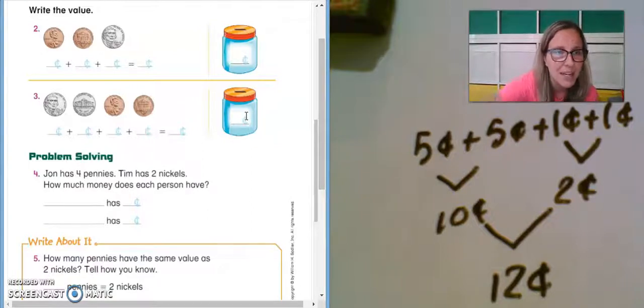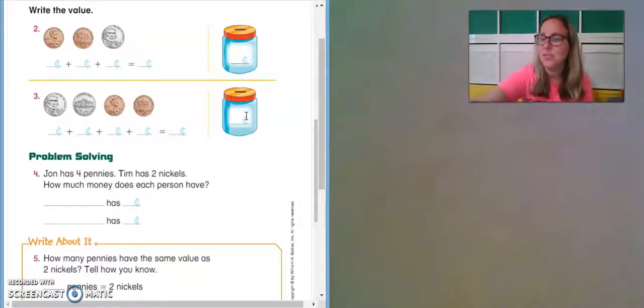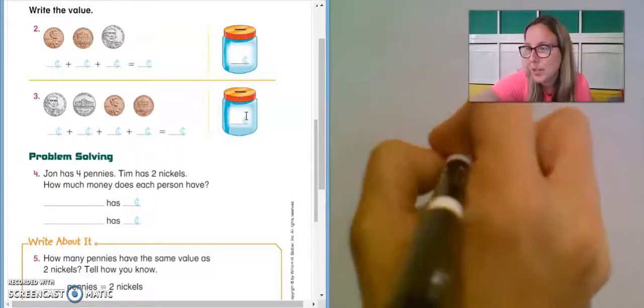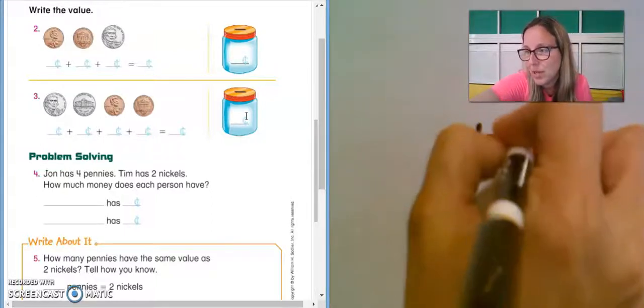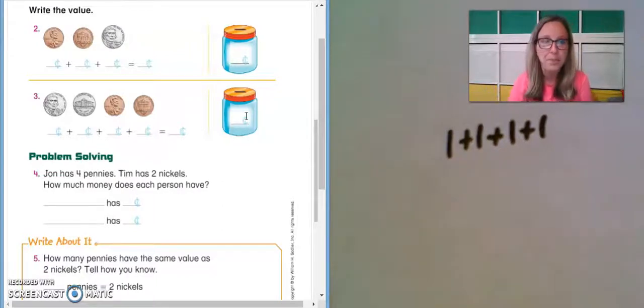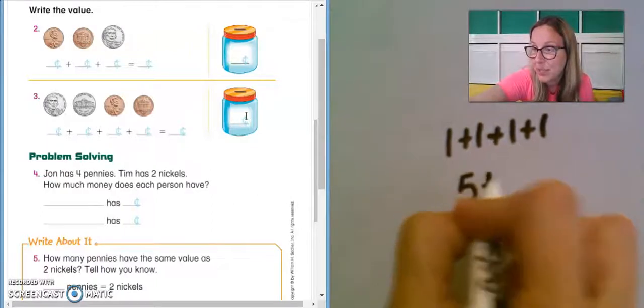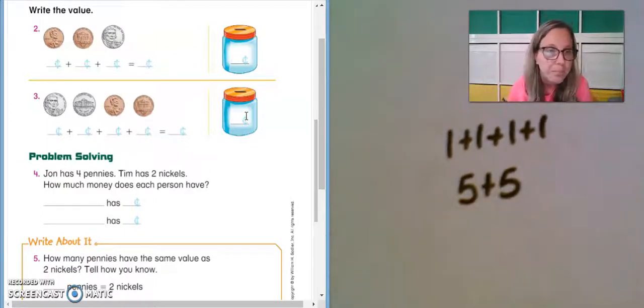All right, looking at number 4, it says John has 4 pennies. So 4 pennies would be 1 plus 1 plus 1 plus 1, because each of those pennies is worth 1. Tim has 2 nickels, so Tim has 5 plus 5. How much money does each person have?